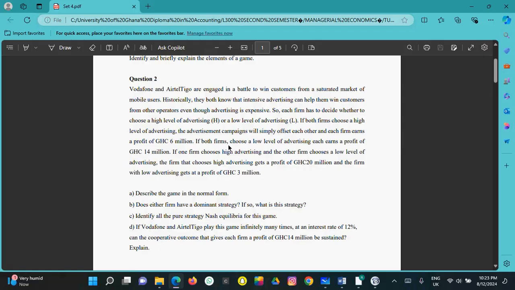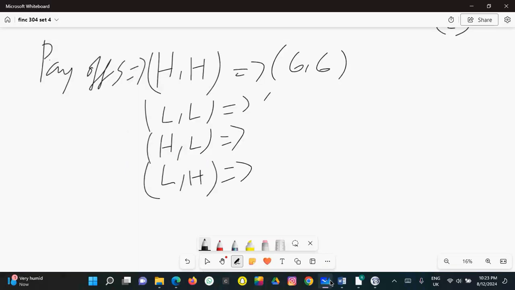If both firms choose a low level of advertisement, each of them earns 14 million.